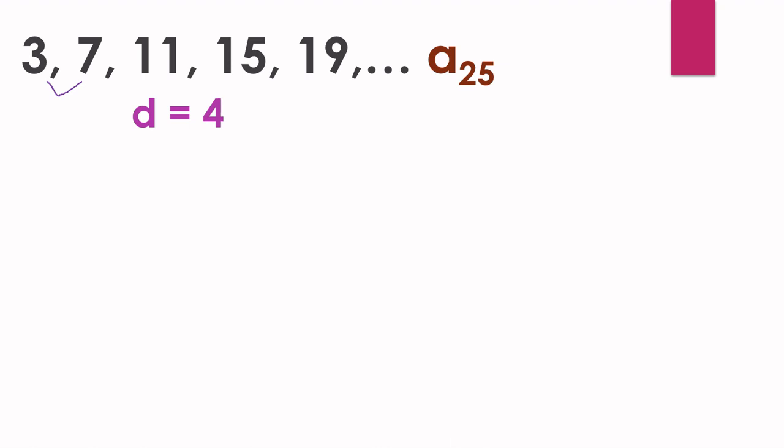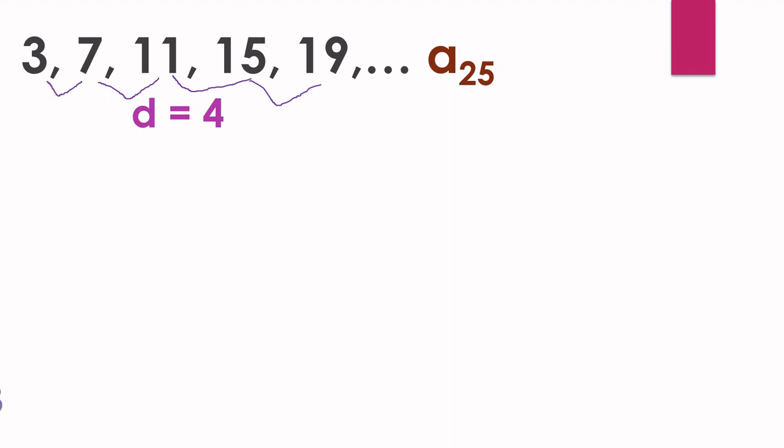And to check, we may also subtract 11 minus 7, that is 4. 15 minus 11 is also 4. And 19 minus 15 is also 4. That's why it is called the common difference.